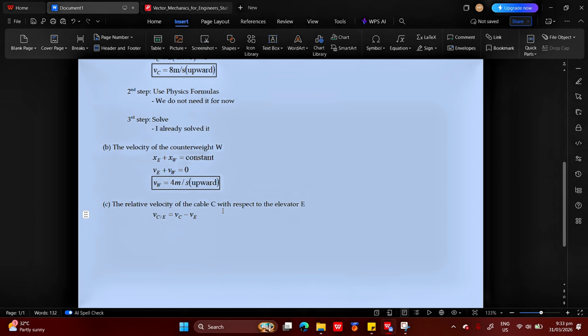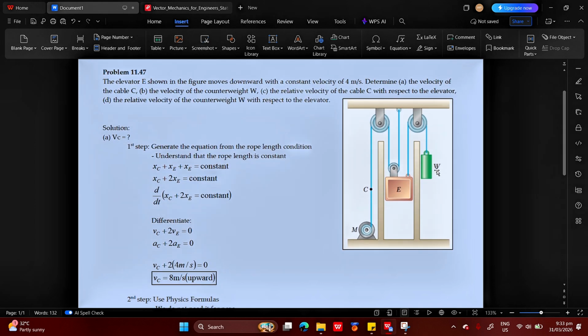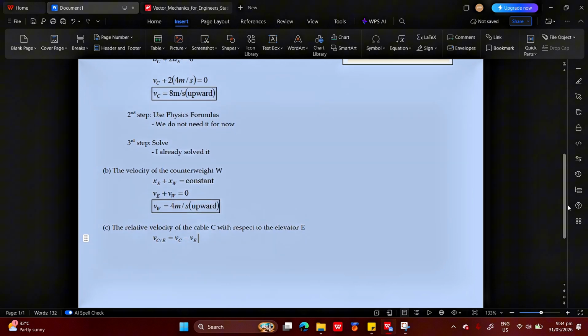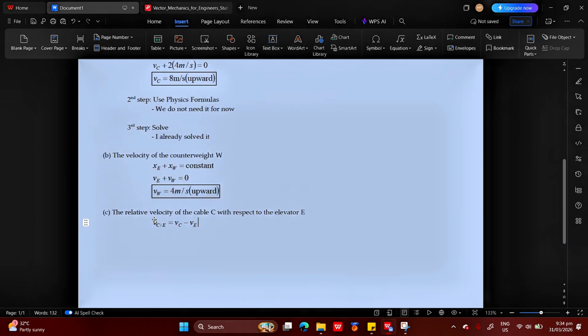If one of them is along the y-axis and one along the x-axis, the relative value is the hypotenuse. But for this one, since they are along the same axis, the velocity of C with respect to E, both moving along the y-axis, just subtract the two, direct subtraction.